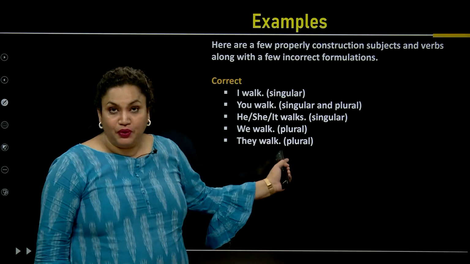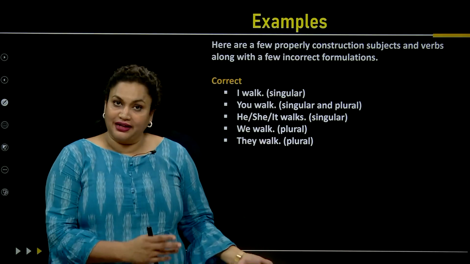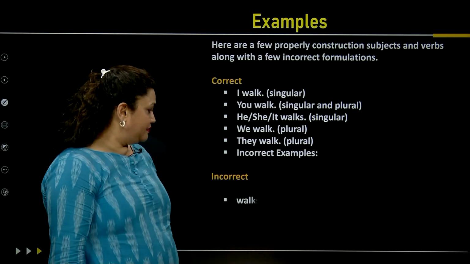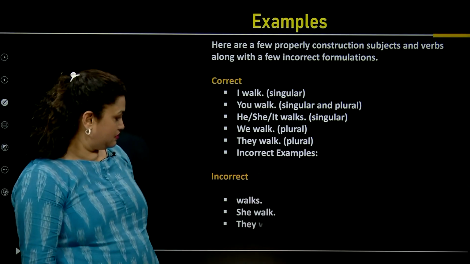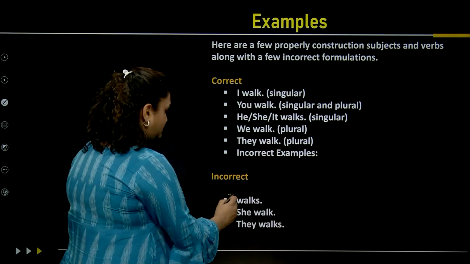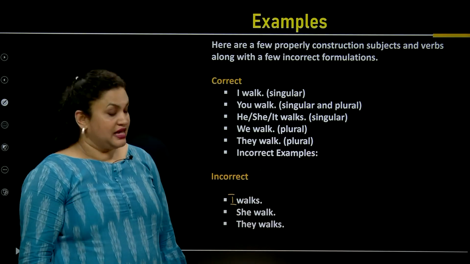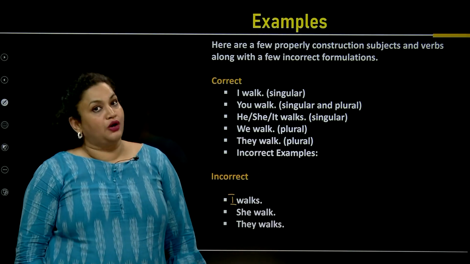And in the third person plural form, again we use the same format, so we don't have to get confused with it. The incorrect examples are: she walk, I walks, she walks, and they walks. So these are basically the incorrect examples.